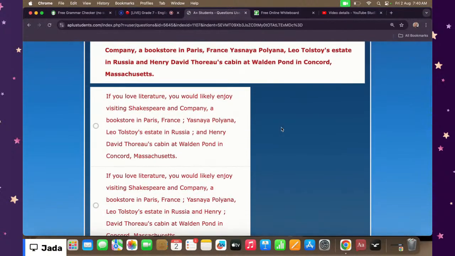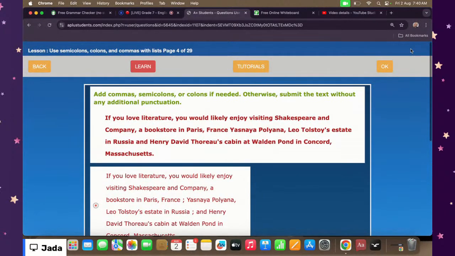This is supposed to have commas and semicolons because every name has a different thing that you need to take note of. So let's have a look and see the right one. Okay, so it should be this one. The first is the correct one.